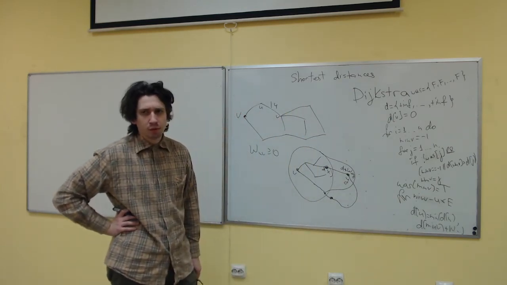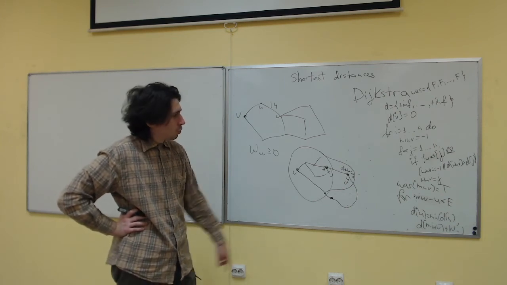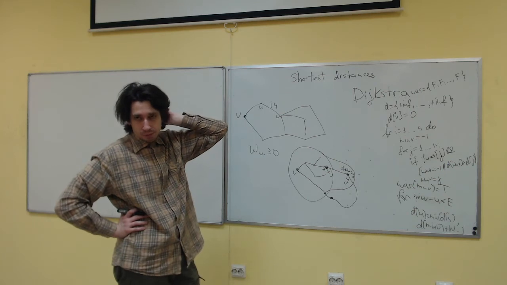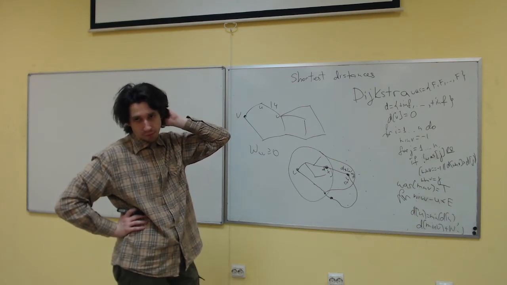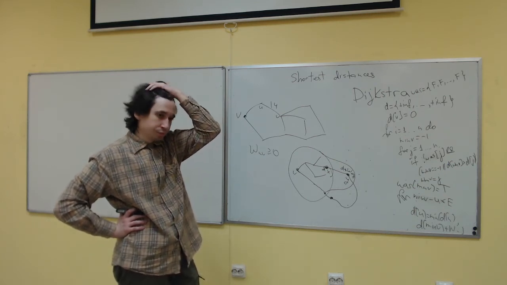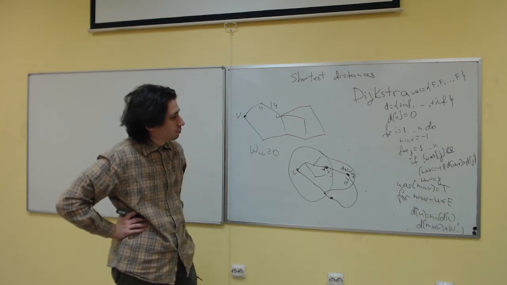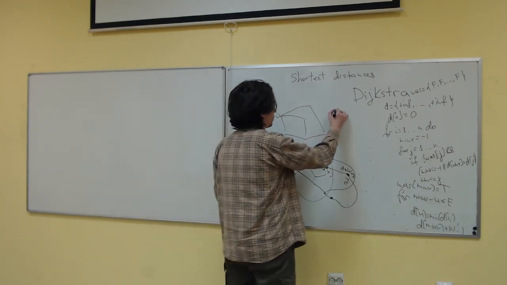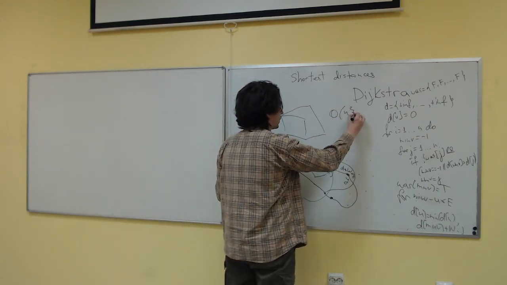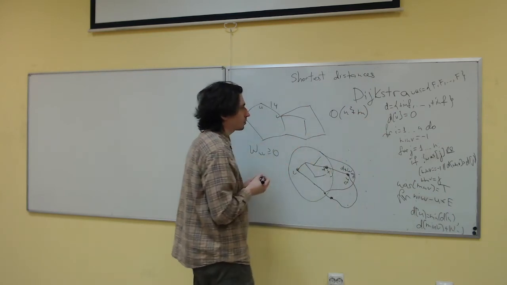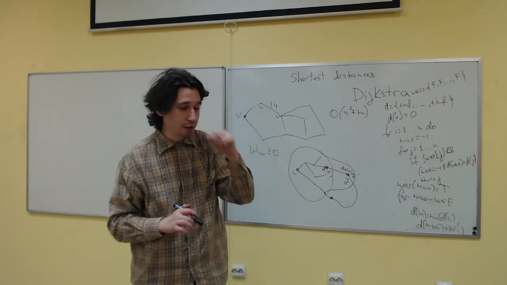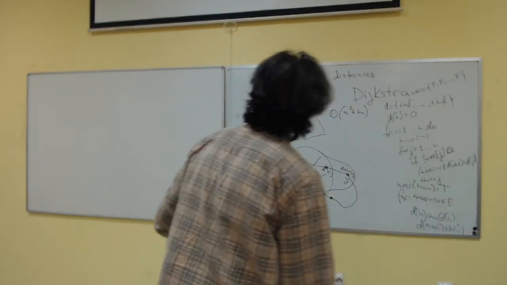Is it clear? So what will be the complexity of this algorithm? Well, actually, the initial thing has two loops, which are by n, so it should be n squared. So this works in n squared plus m. I mean, n squared is bigger than m, so we don't care about this m. But suppose that we want to improve.